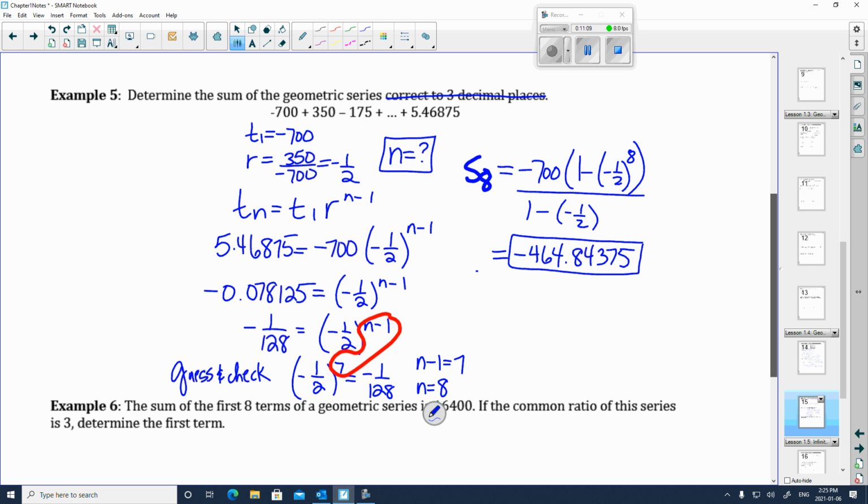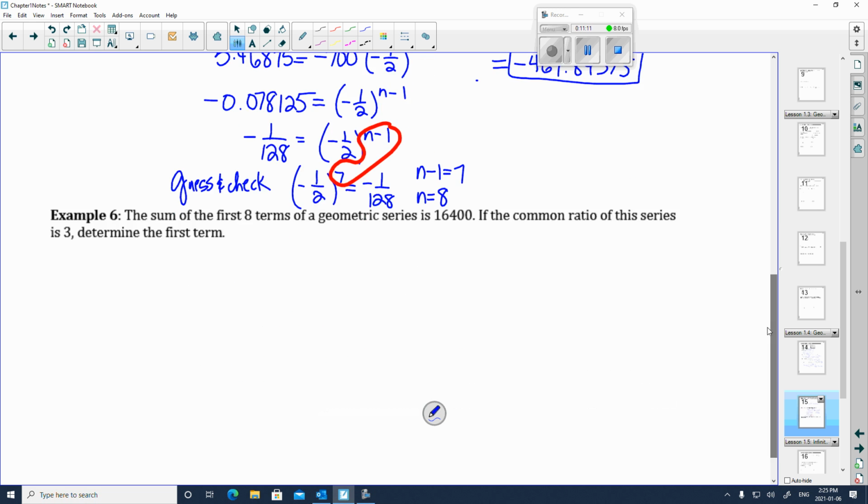All right, last example. The sum of the first 8 terms of a geometric series is 16,400. If the common ratio of this series is 3, determine the first term. So it's saying S8 is 16,400. This is a working backwards problem. It gives you the ratio is 3.